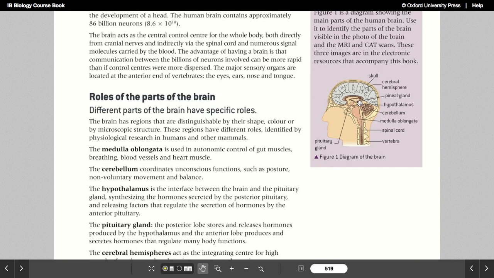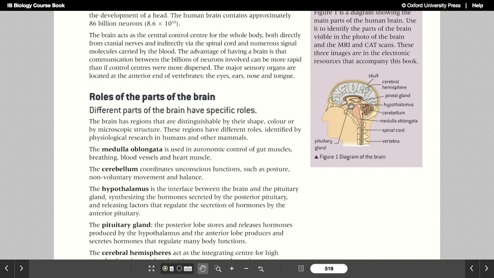And then you've got the pineal gland. The pineal gland is the one that makes melatonin for your sleep-wake cycles. The hypothalamus is going to control secretions from your pineal gland, from your pituitary gland, and from the other glands of your body. So it's a controlling gland.